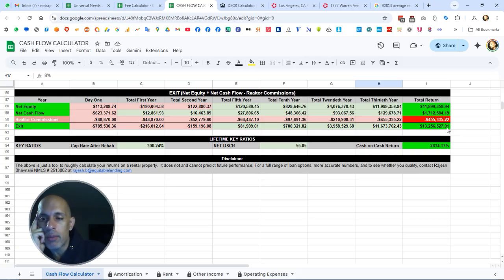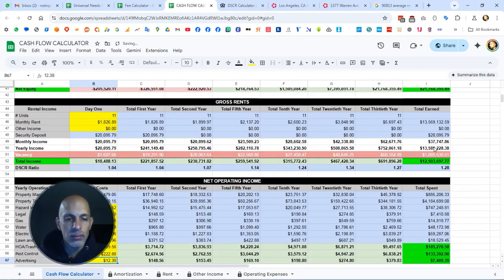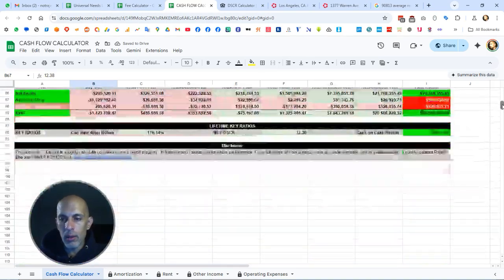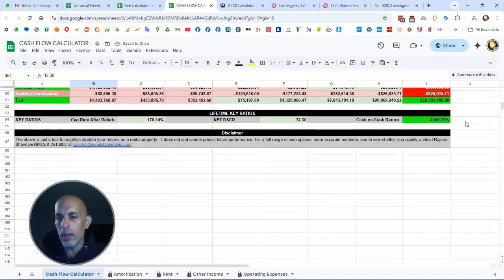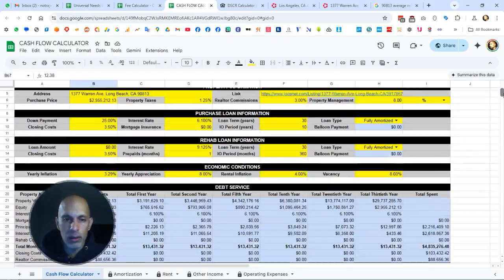Let's see what happens. Here your cash on cash return is 26.34, or 2600%, or 27x, whereas if we do all this, we're walking away with a 23x return on money on original investment.